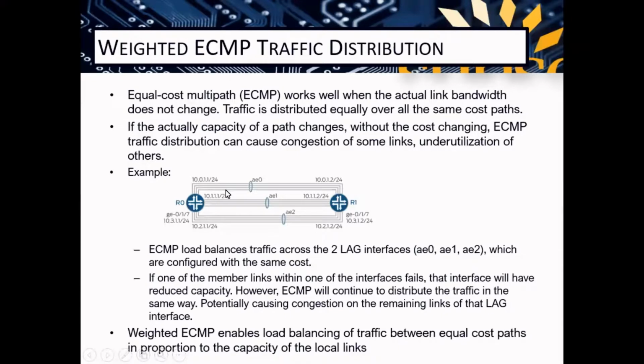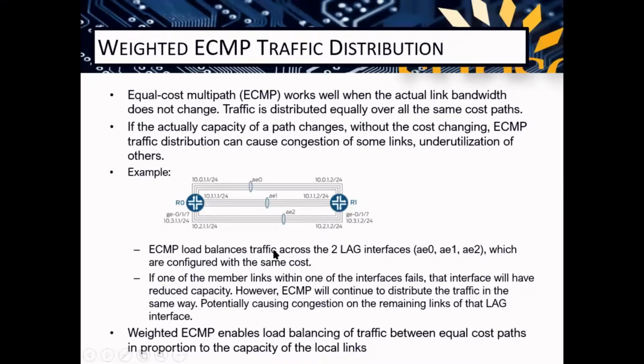Now, what if within AE0, one of the physical members goes down? Well, ISIS is not going to see that. As long as AE0 is up, ISIS is going to treat it as another link with the exact same cost.